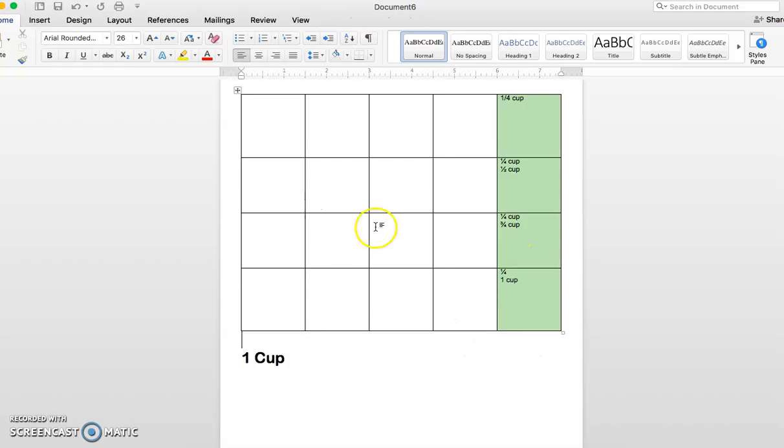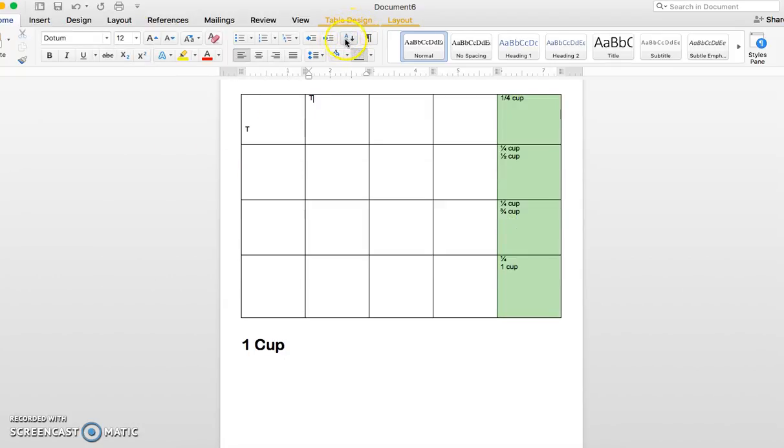All right, so what's a cup made out of is tablespoons and teaspoons. So if you know how many tablespoons are in a 1/4 cup and how many teaspoons are in a tablespoon, you can kind of figure this out pretty easily. What I'll have you guys do is, in your squares, draw a capital T in every square.